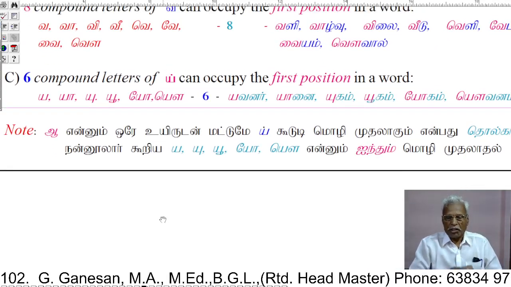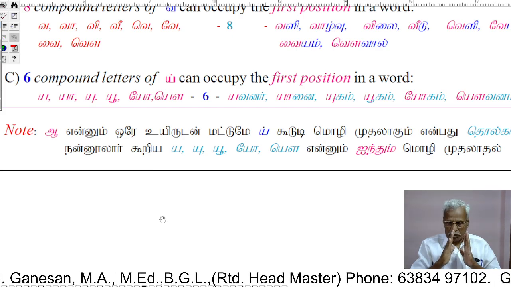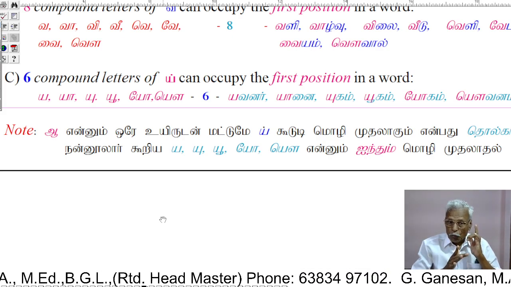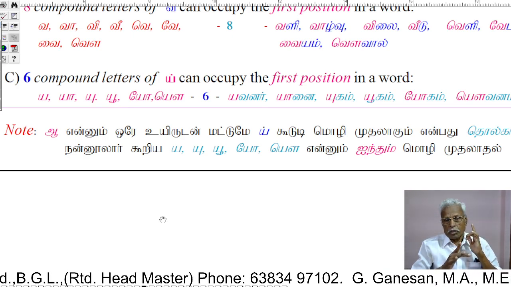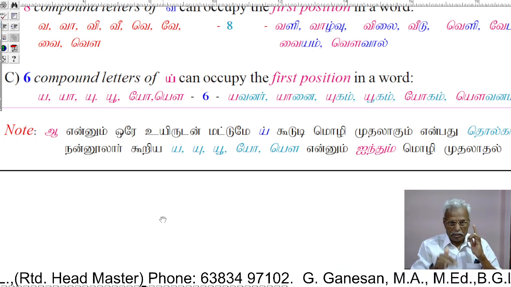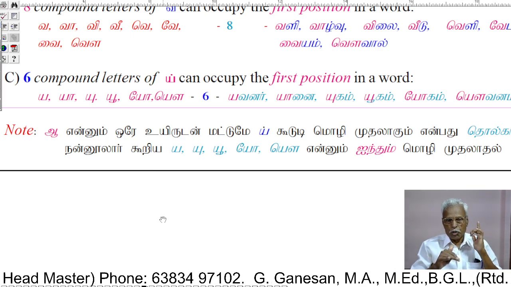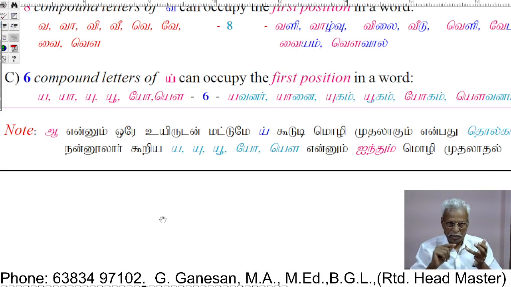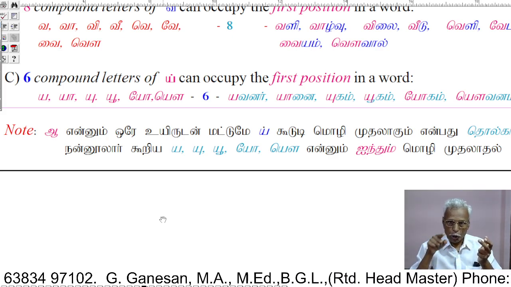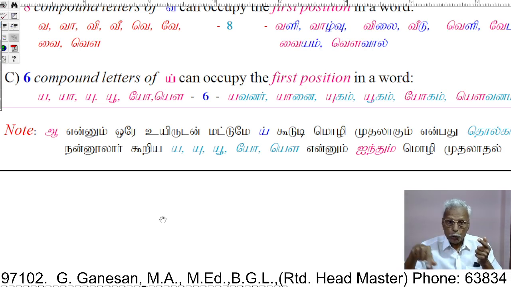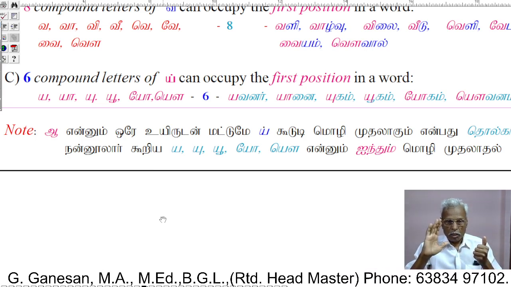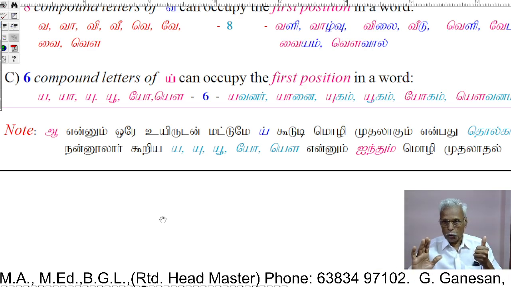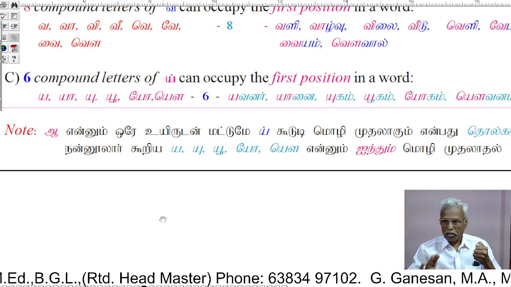Then the compound letters of Ya. Regarding the consonant Ya, only 6 out of the 12 compound letters could occupy the first position in a word. What are they? Ya, Yavanar, Ya, Yanai, Yu, Yugam, Yo, Yoham, Yav, Yavanam.